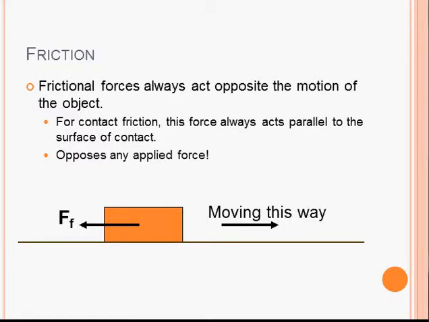What we should say is it opposes any motion. Okay, you can have forces acting in the same direction as the frictional force, that's fine. Just keep in mind that if the object all of a sudden starts moving the other way, friction changes direction. Alright, so there is a typo there. It doesn't oppose any applied force, it just opposes the motion. That's the key thing. It opposes the motion that's going, no matter what.